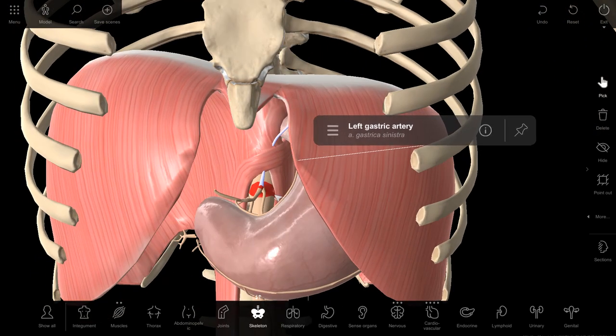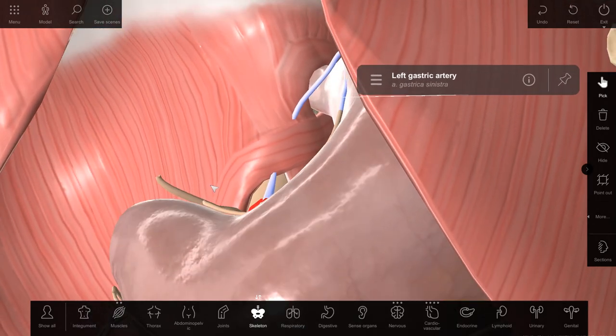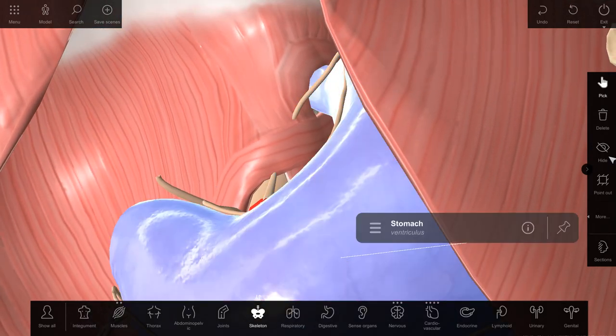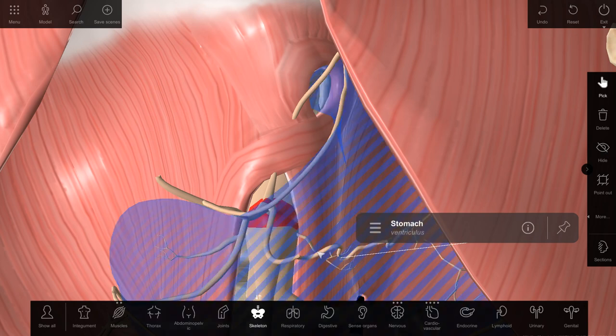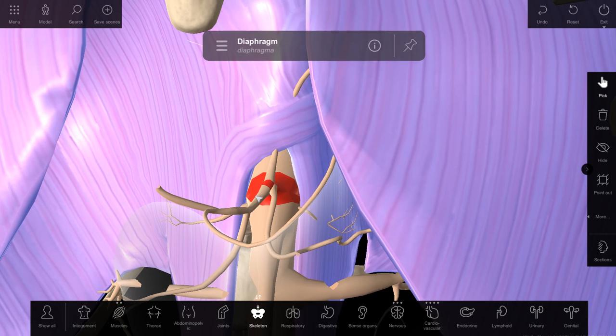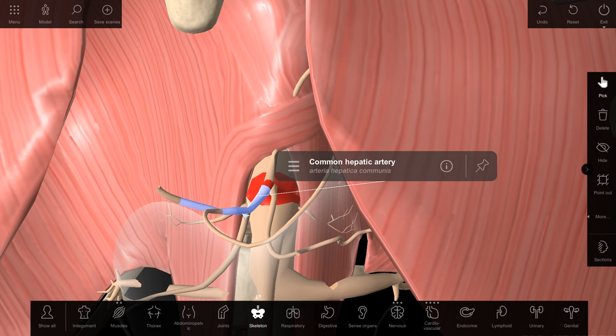Then second branch of celiac trunk, let's hide the stomach. Second branch is this common hepatic artery, Arteria hepatica communis.